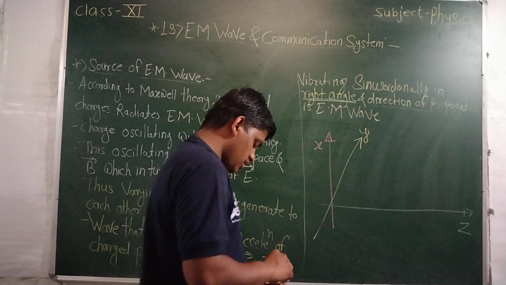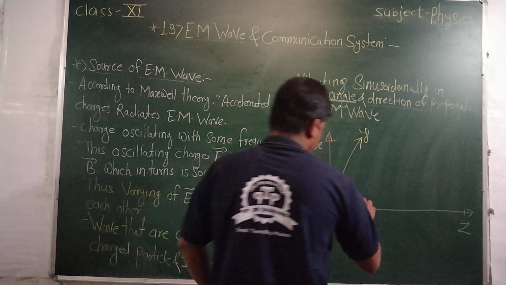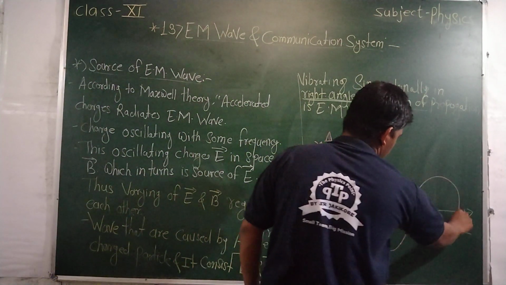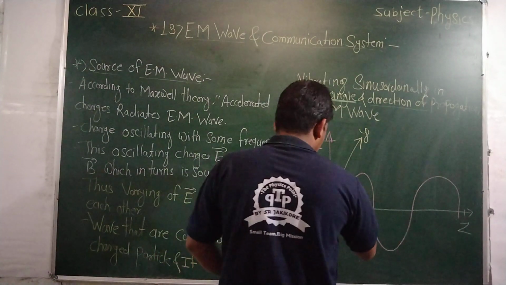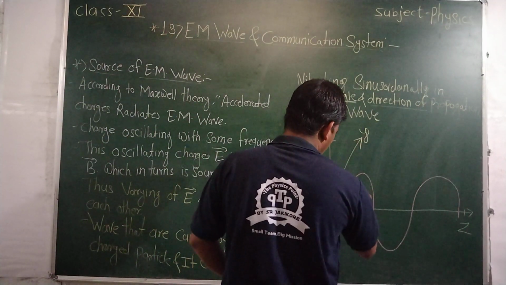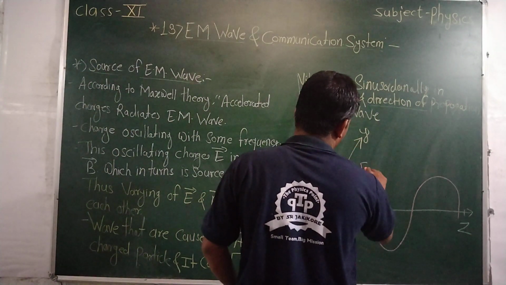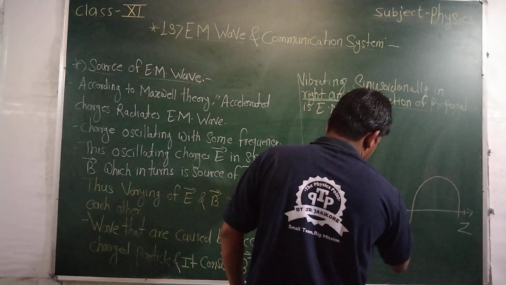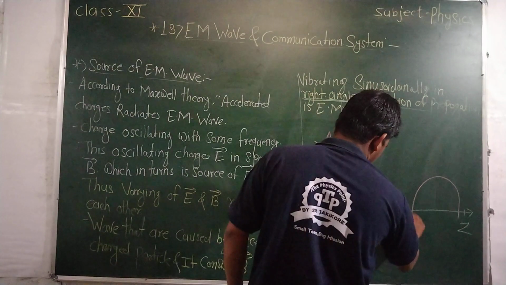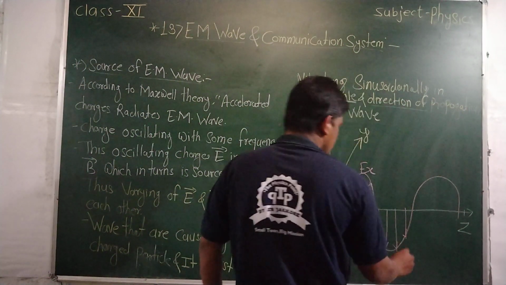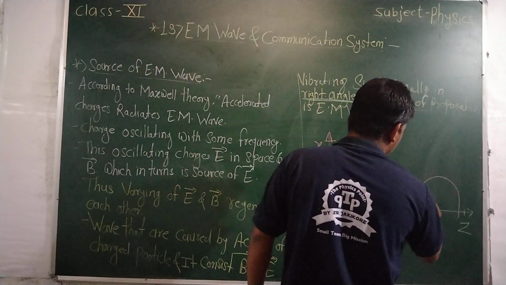Now I will draw the electric field. This is the x-axis, and this is called Ex, the electric field. I will draw it here.